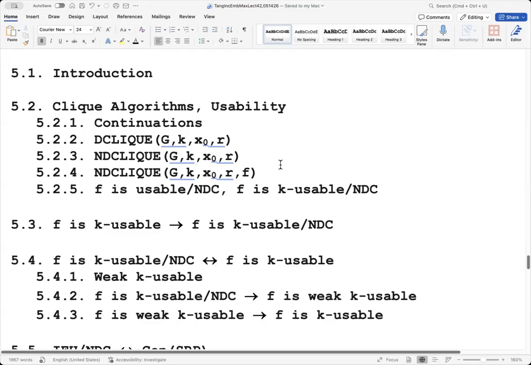There's a deterministic way of building a clique that's kind of maximal. It doesn't have to literally be maximal, as we will see. Then there's a non-deterministic way of building a clique, by a simplification, in fact.